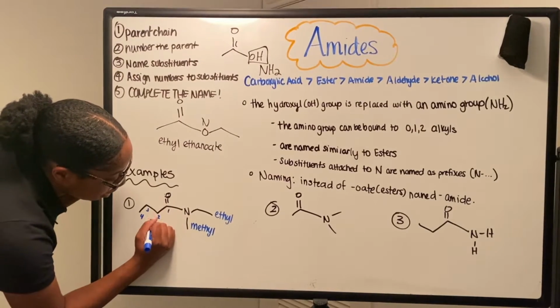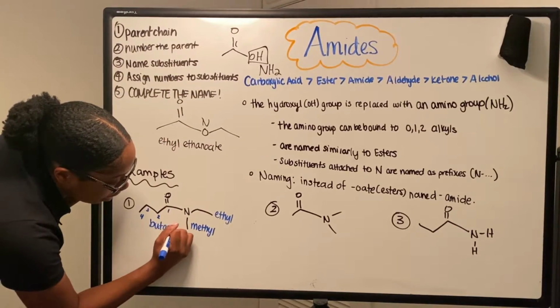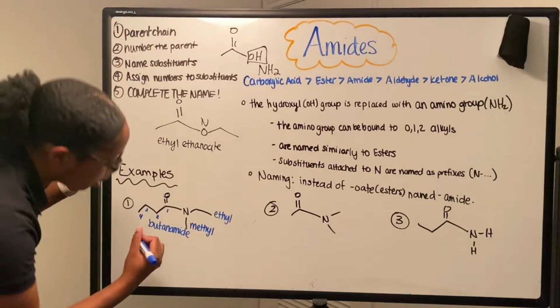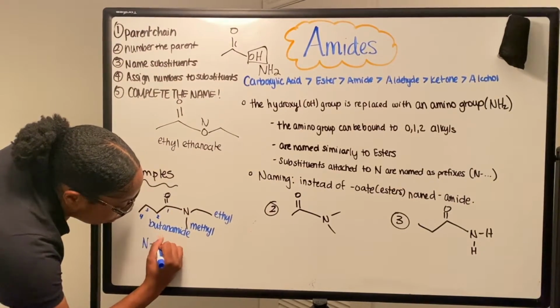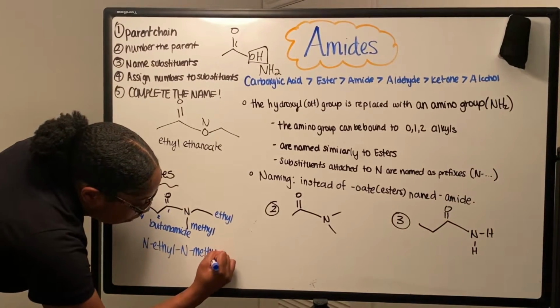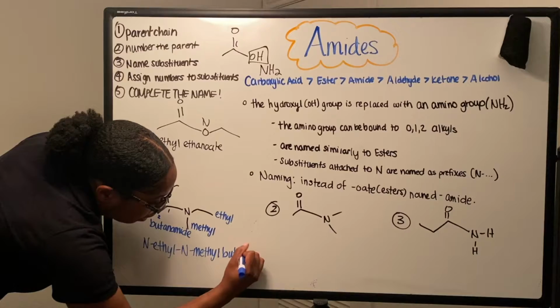So we can say that this is butanamide. So if we have to put it all together, it'll be N-ethyl, N-methyl, butanamide.